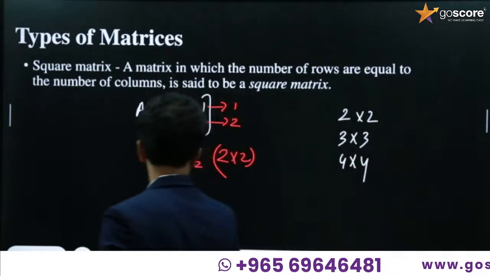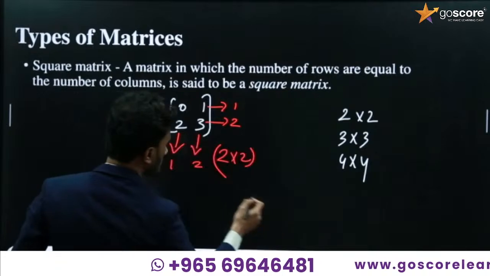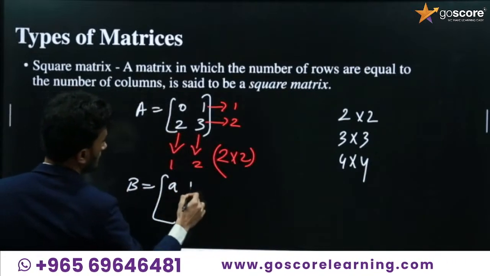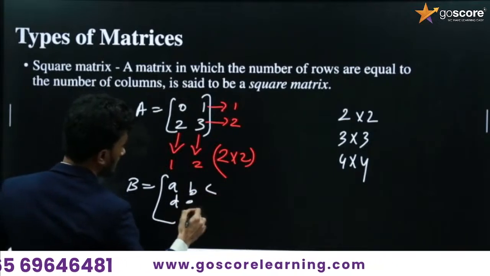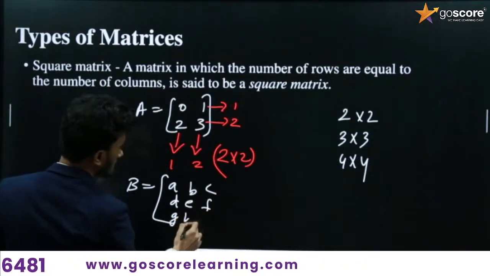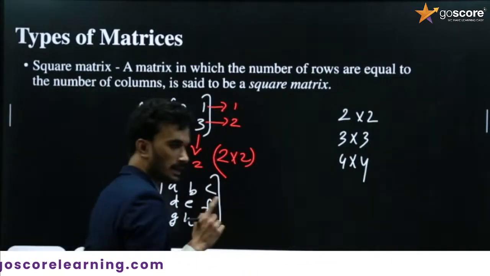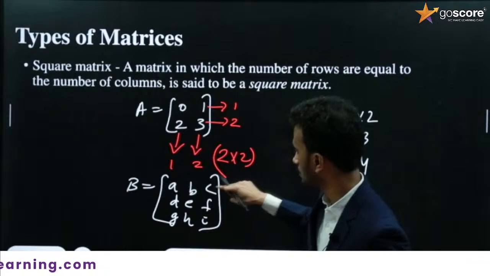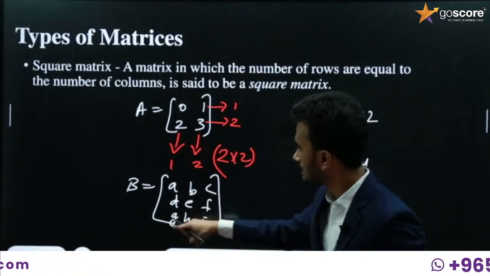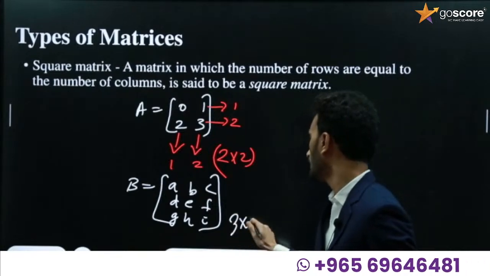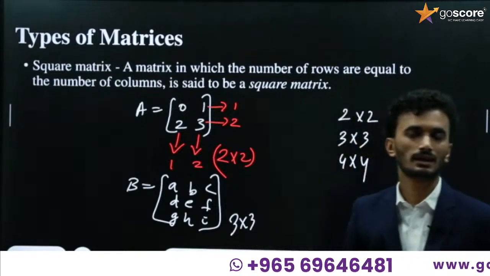Another example, I am constructing a matrix in the form of 3 by 3: a, b, c, d, e, f, g, h, i. How many rows? First row, second row, third row. First column, second column, third column. So this one is a 3 by 3 matrix.